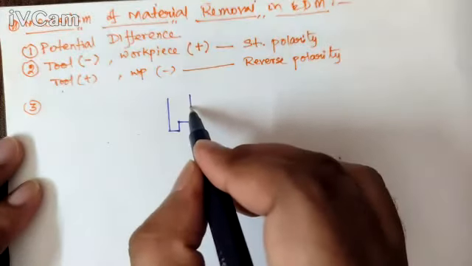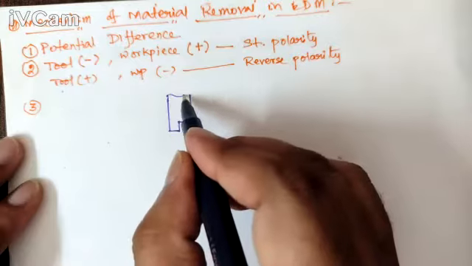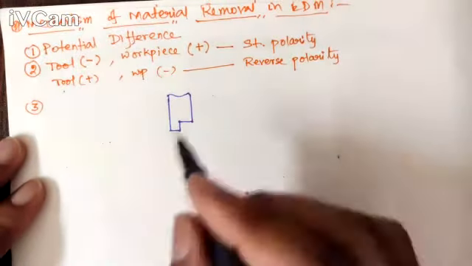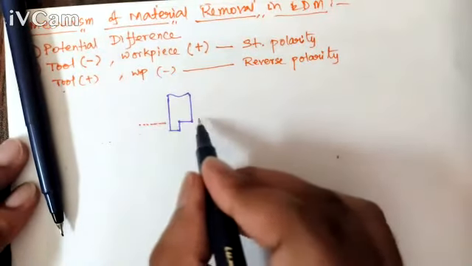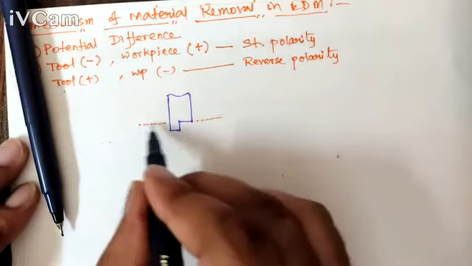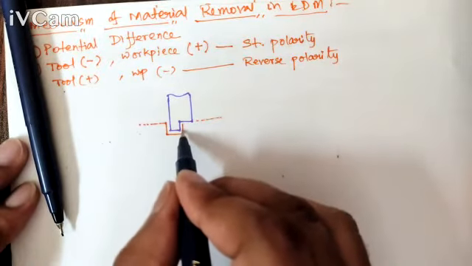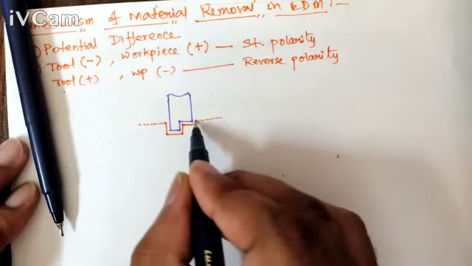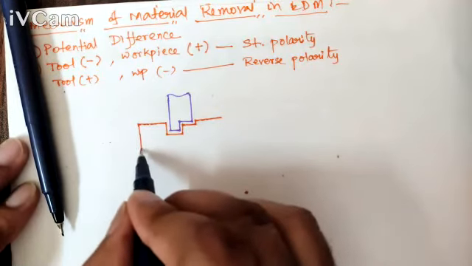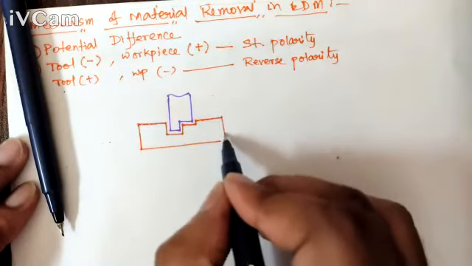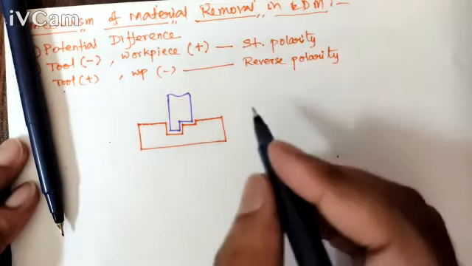Here, say we have the shaped tool with us, and then we have the workpiece, which is being machined.